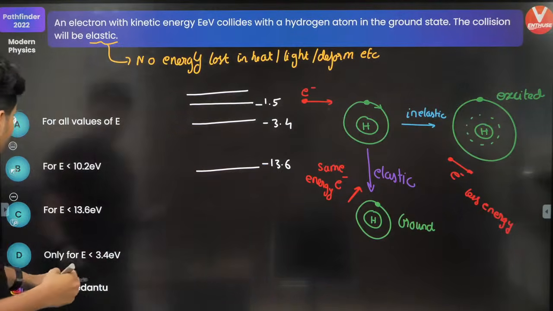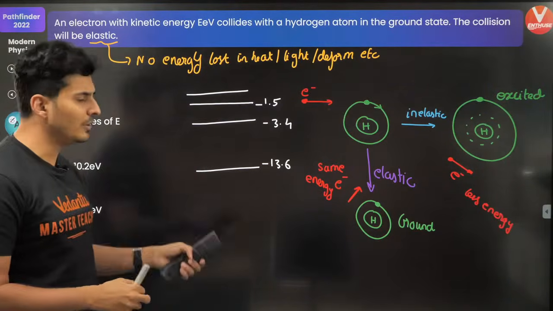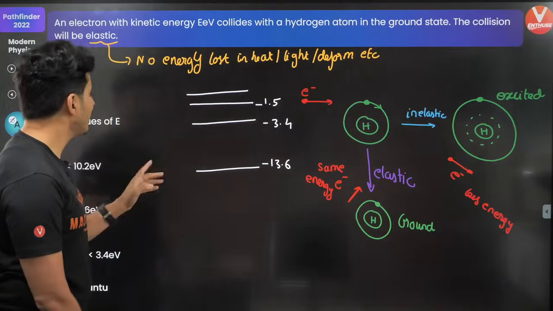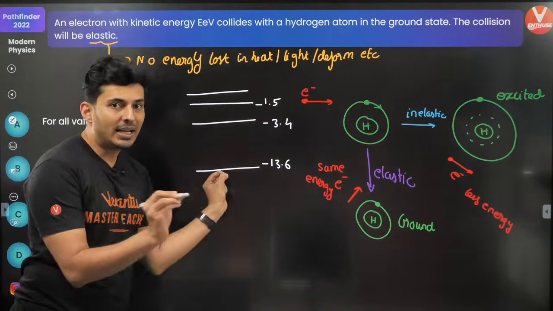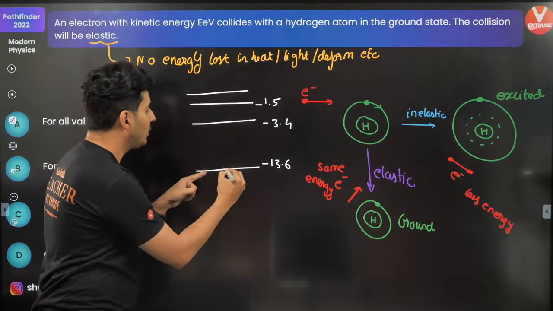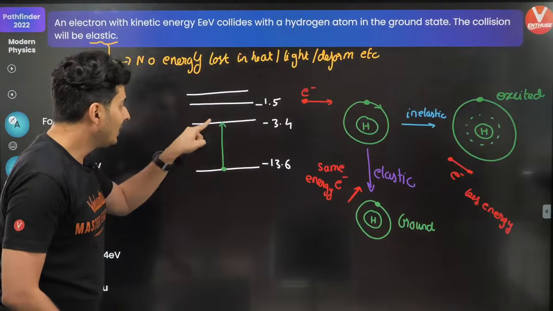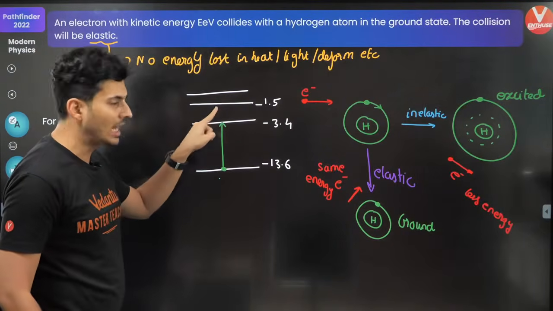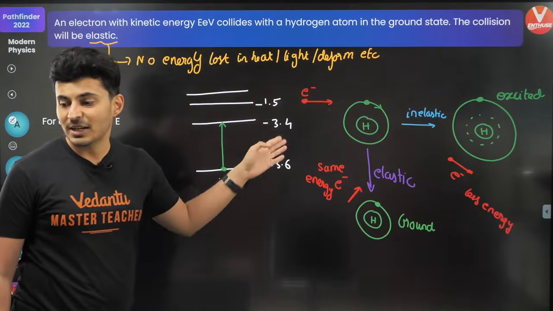Now look at the options. You will see energies like 3.4, 10.2, 13.6, any value. Just imagine that electron has some energy which is unable to push this electron over here. How much energy is needed to jump from here to here? Just calculate the difference. 13.6 minus 3.4.